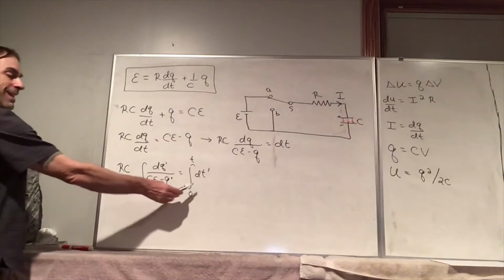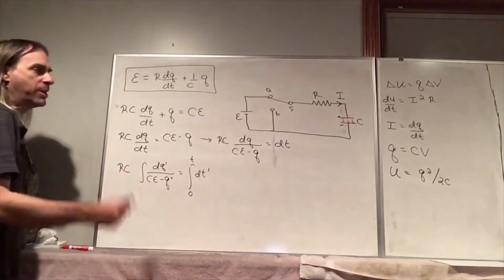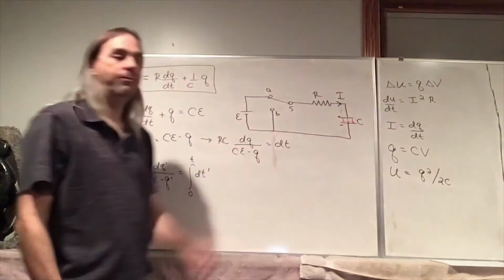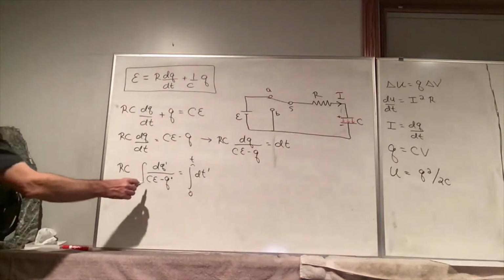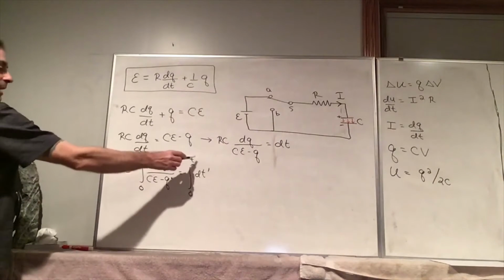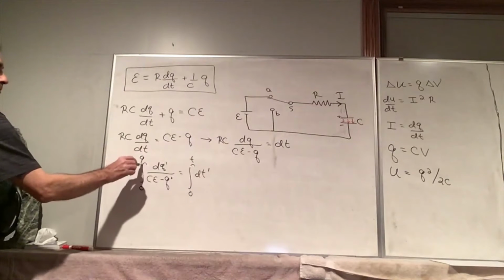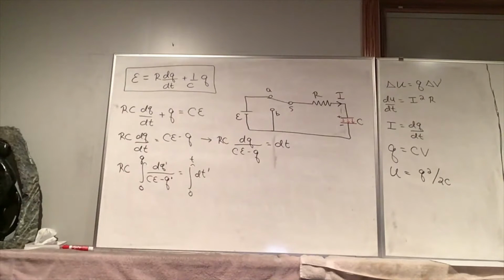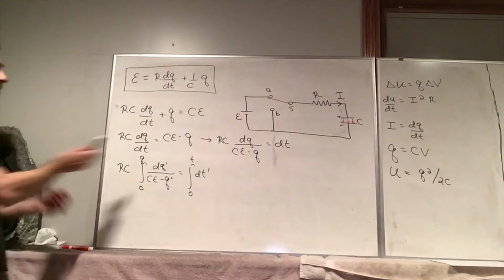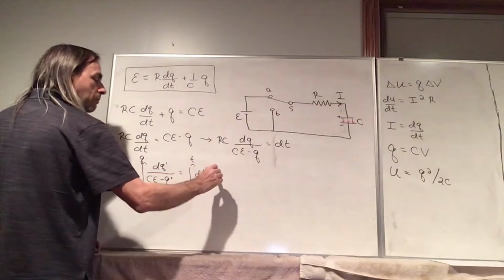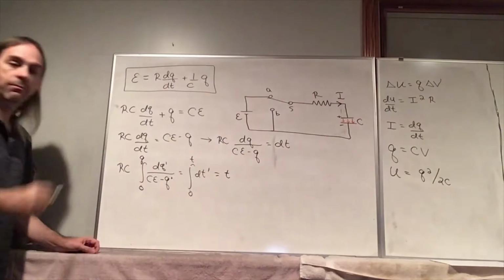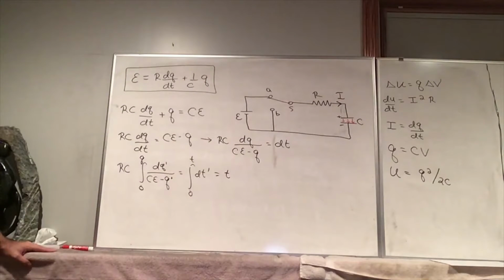At t equals 0, q, the charge on the capacitor, is 0, and then at t equals t, we just have some random charge q. So we want to do this integral. The one on the right is trivial. That's just t.